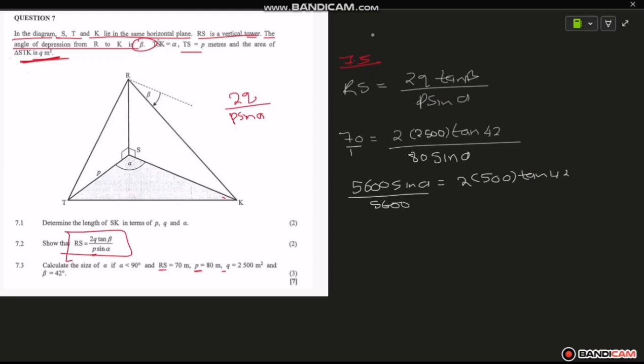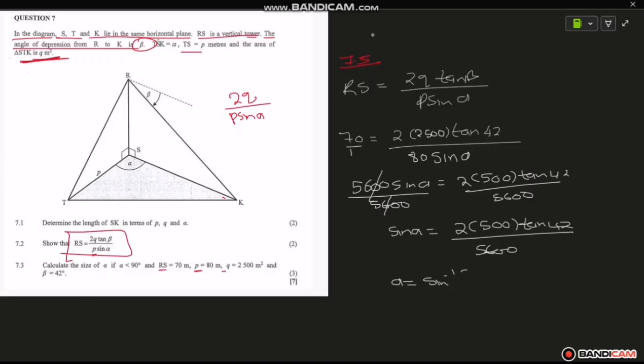We divide both sides by 5600. These ones they cancel out. Therefore, sine alpha equal to 2 into 2500 tan 42 over 5600.